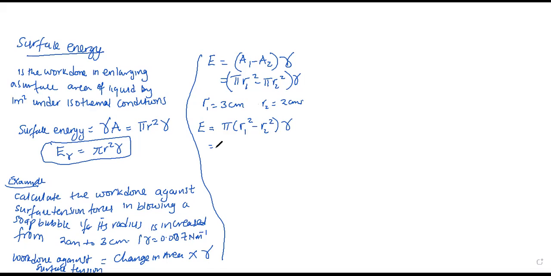So if I substitute, I'll have 22 over 7 into r1, which is 3 times 10 power negative 2, squared, minus 2 times 10 power negative 2, squared, times 0.007. Can you press your calculator and give me the answer?